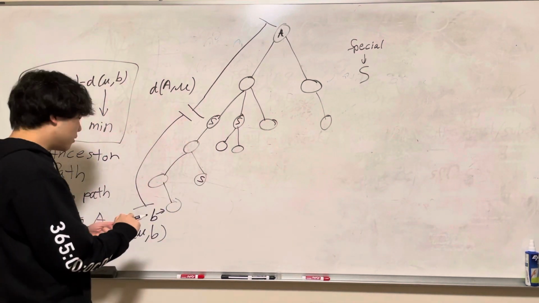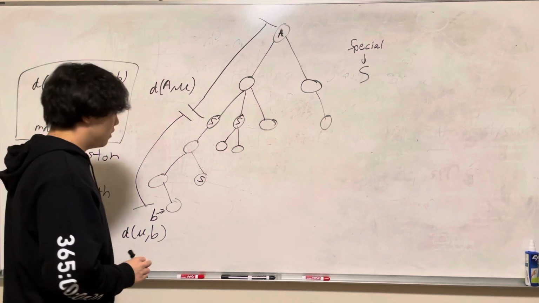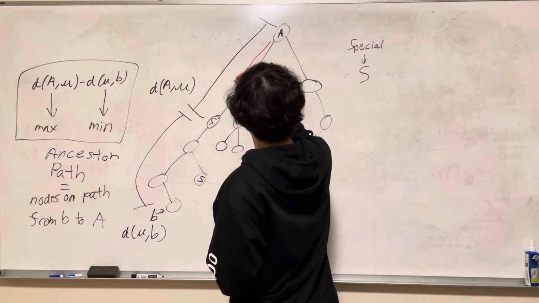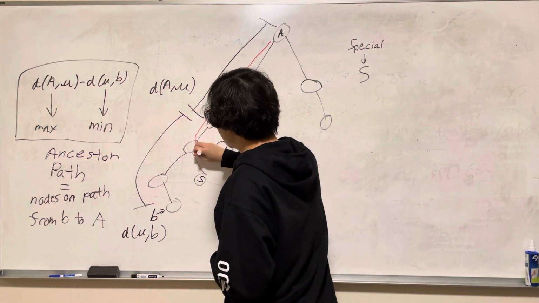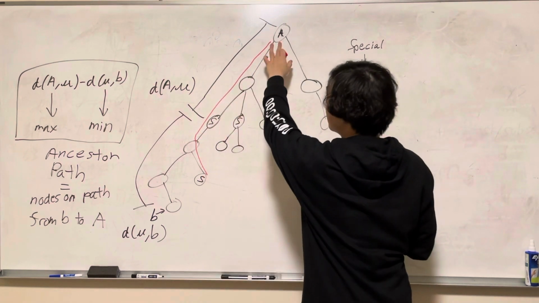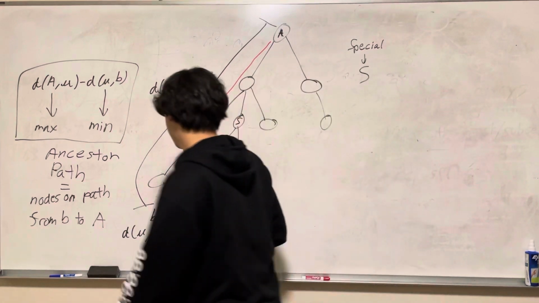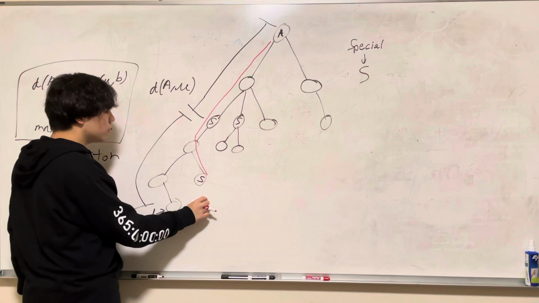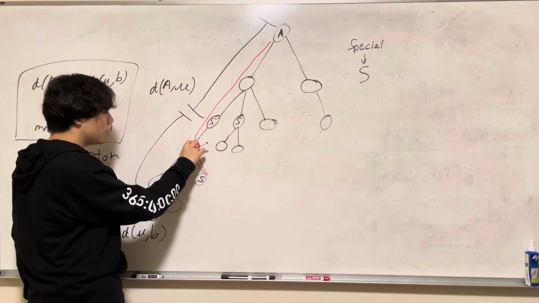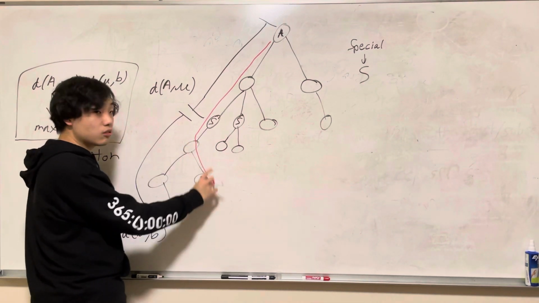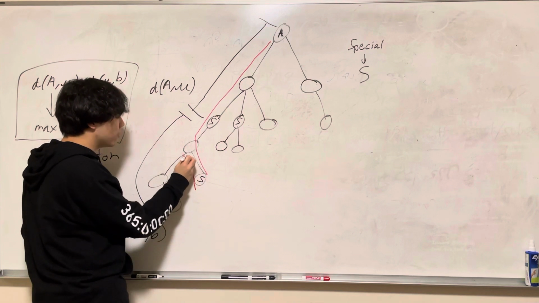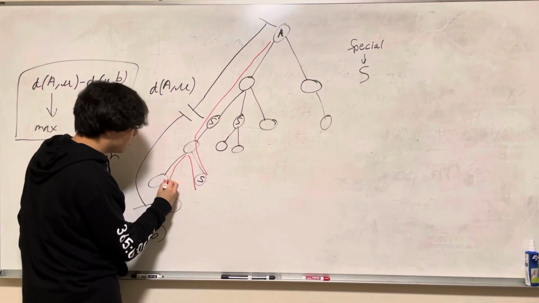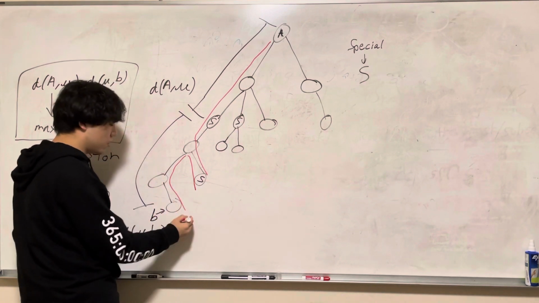So graphically, you would take a path from A, and then you would go down here, right? This is the distance from A to U. But then, when you take a distance from U to B, however much distance we went from this ancestor node into a special node in its subtree, we have to come back out that exact same distance. And then we just continue along this ancestor path normally until we hit node B.